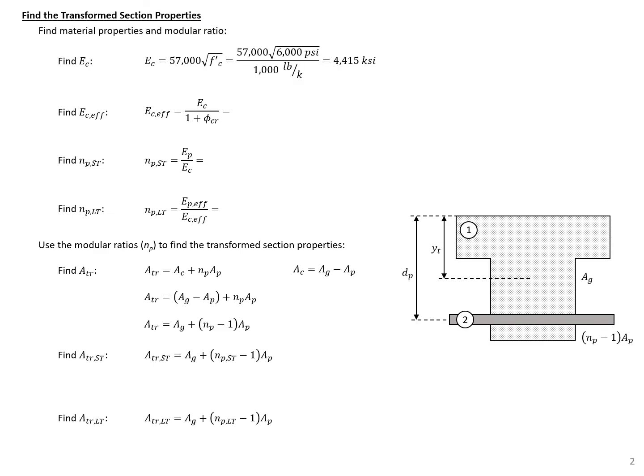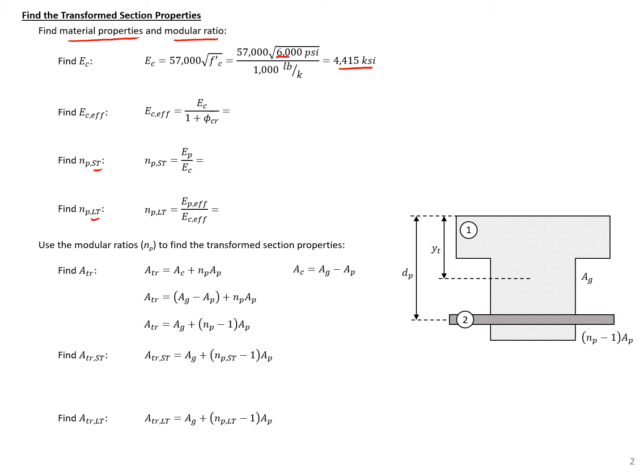Our next step is to find our material properties and our modular ratios. And we'll need to find both our short-term and long-term modular ratios because we're looking at both short-term and sustained load effects. So we can first find the modulus for our concrete using our f'c, 6,000 psi, and we can find our modulus to be 4,415 ksi.